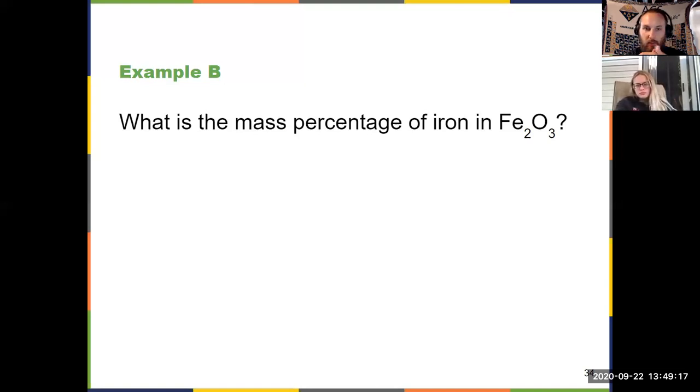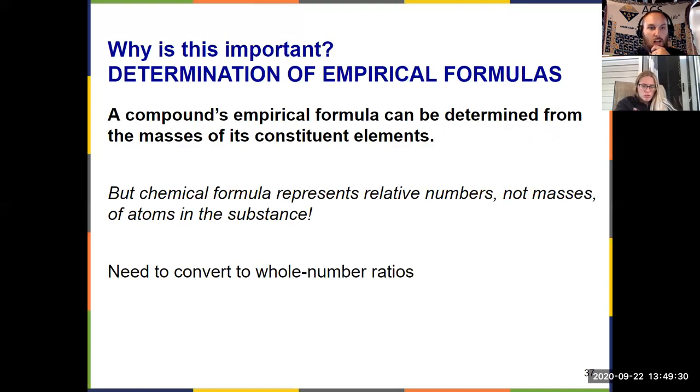So you might be starting to realize that this is a powerful tool. If we know the chemical formula of a substance, we can determine the percent composition. And that's building towards this world of determining empirical formulas. If we can get the masses of the constituent elements that make up a compound, we can determine its empirical formula.